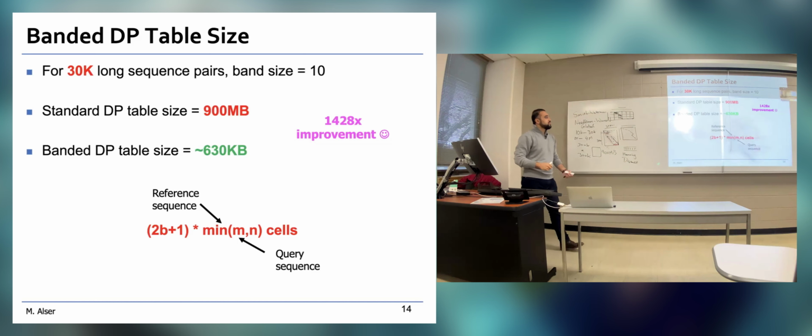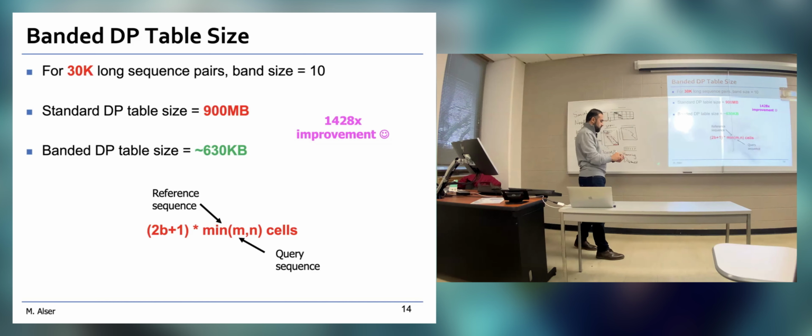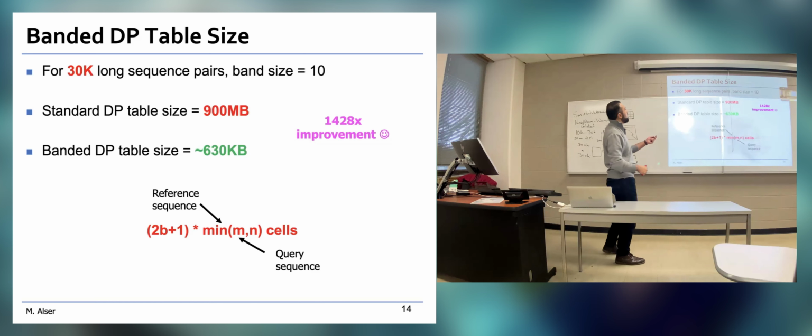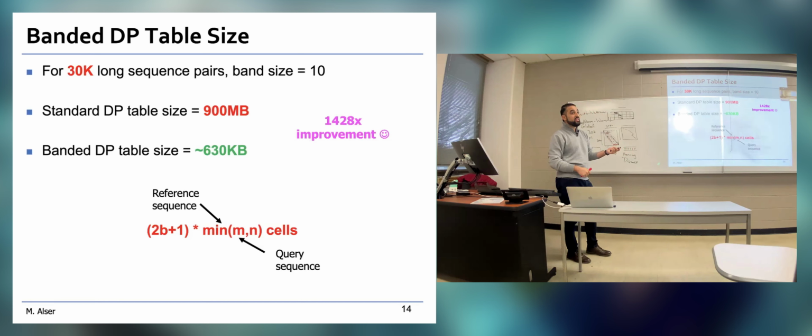Right. So in the previous example, we said, I'm using too many colors today. In the previous example, we said the 30K by 30K table is going to result in 900 megabytes, right? Now, if we are using a band size of 10, a B value of 10, what will be the banded requirements for the table size?